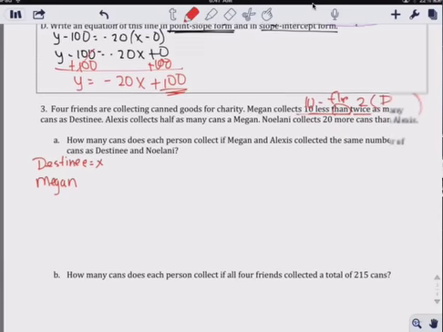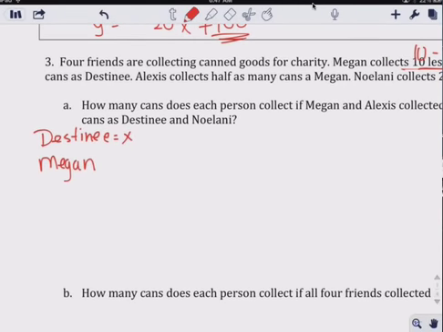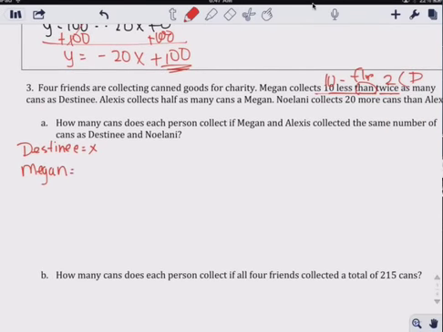I don't think they gave any information on Destiny anywhere. Okay, Megan is 10 less than twice Destiny, and Destiny we say was X. So we flip that. That's 2x minus 10. Okay, Alexis collect. Okay, there's Alexis.